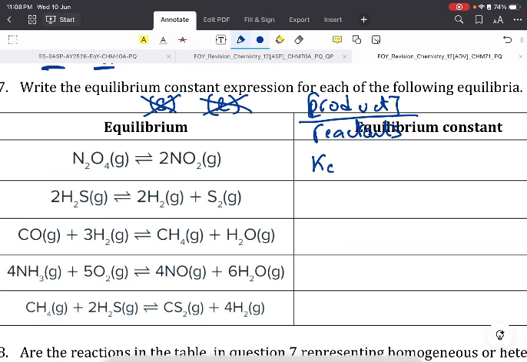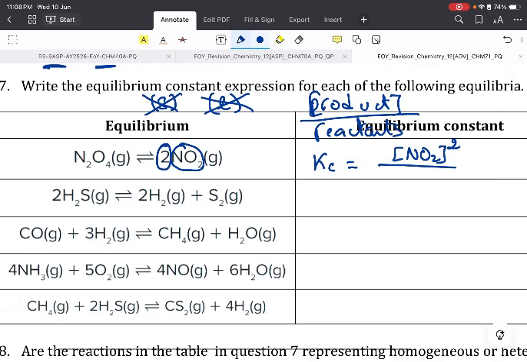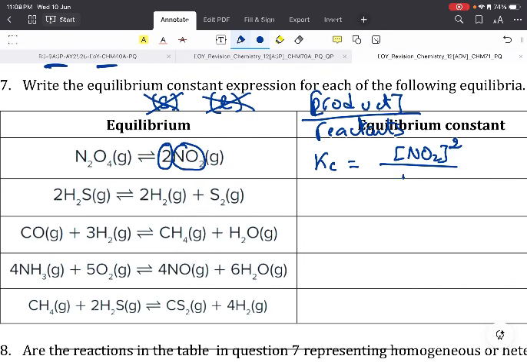So Kc, or K equilibrium, is gonna be in brackets NO2. So the formula, you put it inside the brackets, and the coefficient, you put it as a power over N2O4. Again, this one, I'll put it inside the brackets. The power is 1, so it is like that.